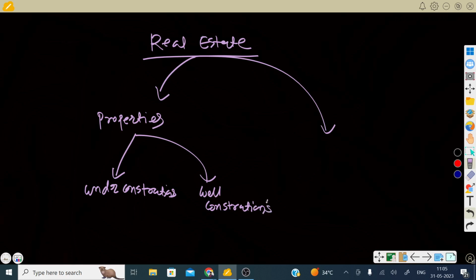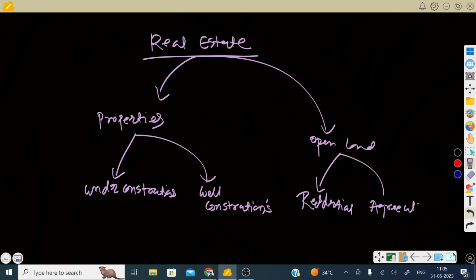Under construction properties, then open land, right? So it can be agricultural land or commercial land, residential, agricultural, and commercial.